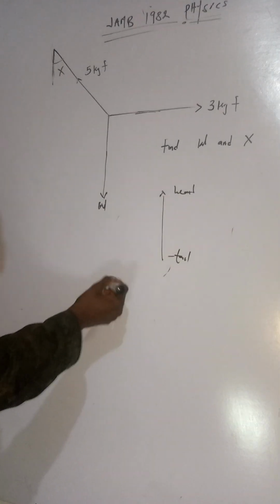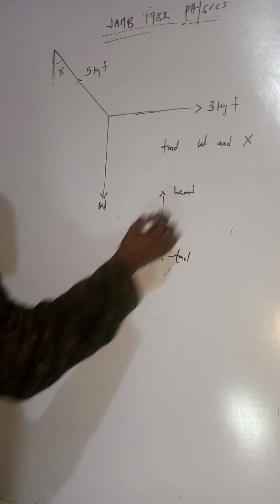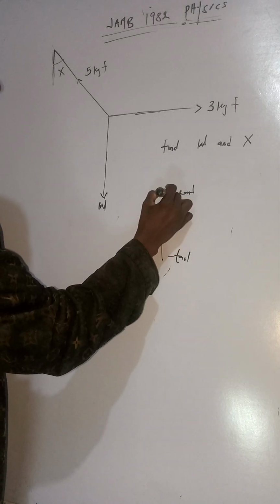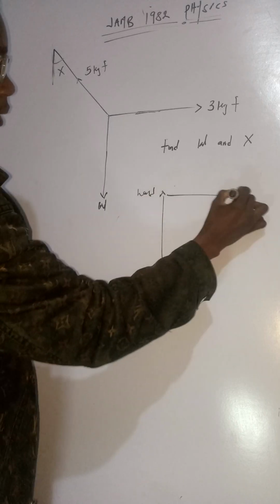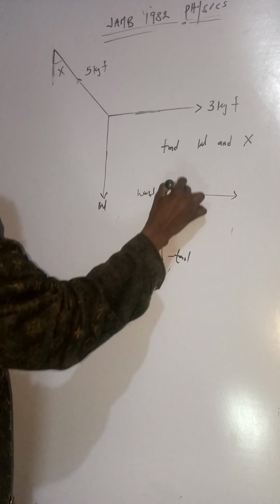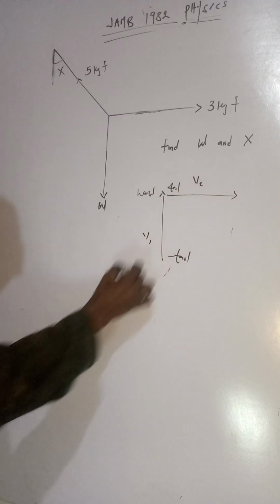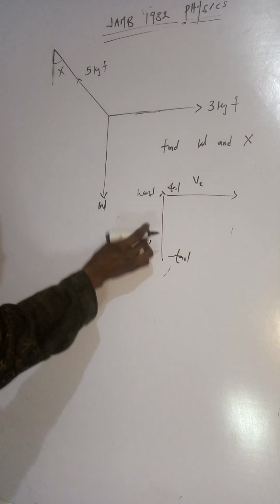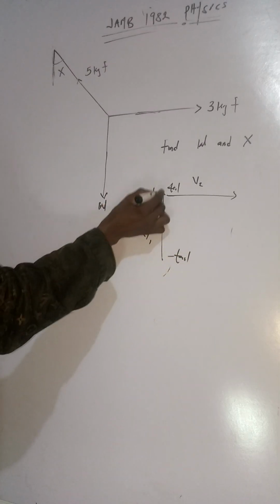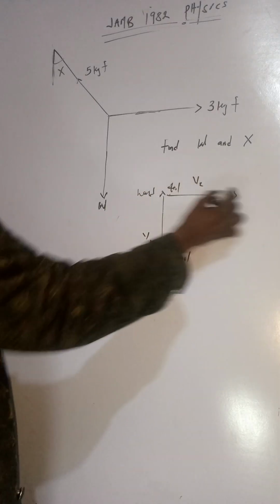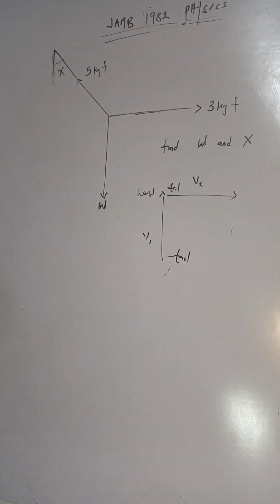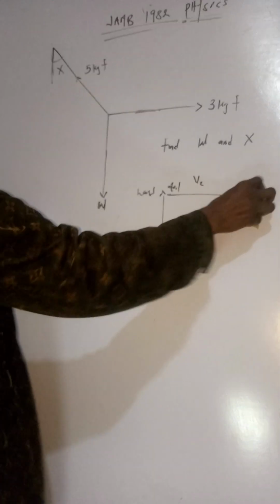Let's say this is vector 1, and I bring another one. This is the tail of, let's say, vector 2. So the head of vector 1 is touching the tail of vector 2. This is where it's touching. This is what we are going to be doing in these concurrent forces.